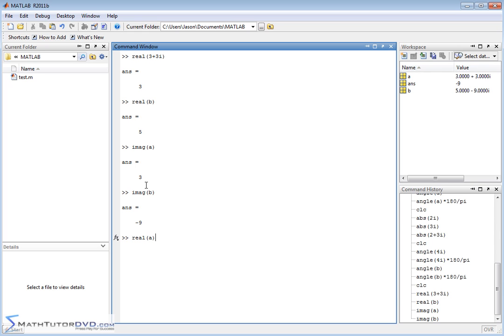Let's just say whatever integral you're doing, you only care about the real part of the result. So you might have a function in one of these .m files that calculates the integral, gets a complex answer, and then at the very end you take the real part of it and display that as the answer. Maybe that's just your algorithm. So these functions, real and imaginary, absolute value, angle, things like that, are kind of trivial, but you might use them when you're programming, so that's why we're covering them.